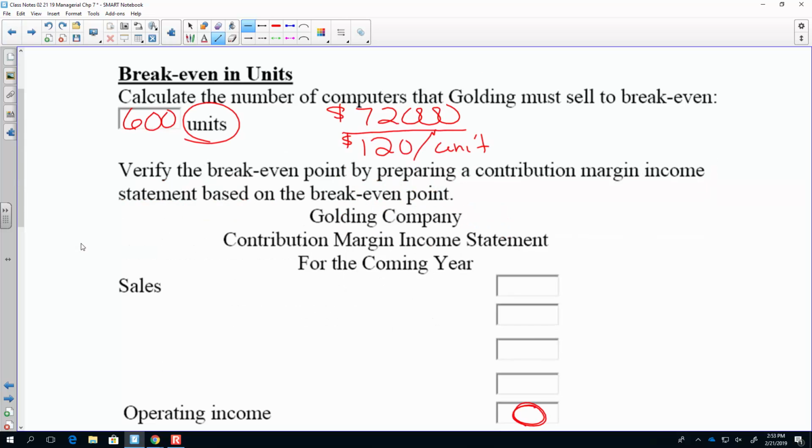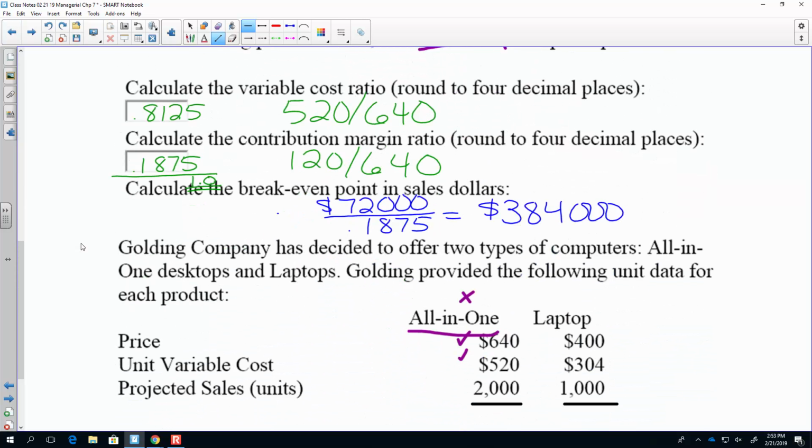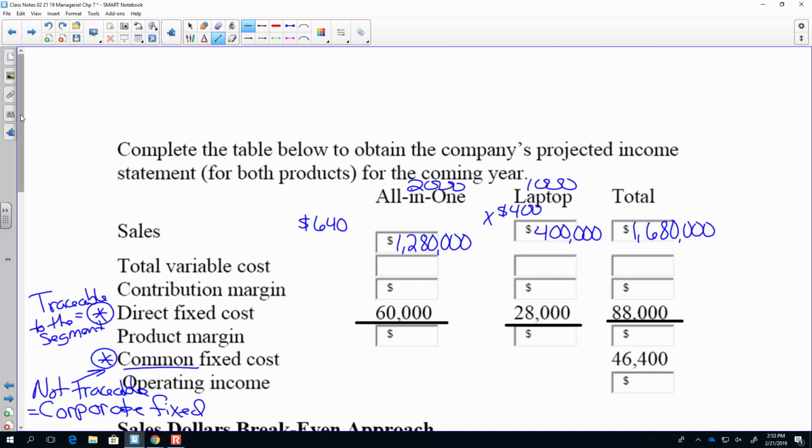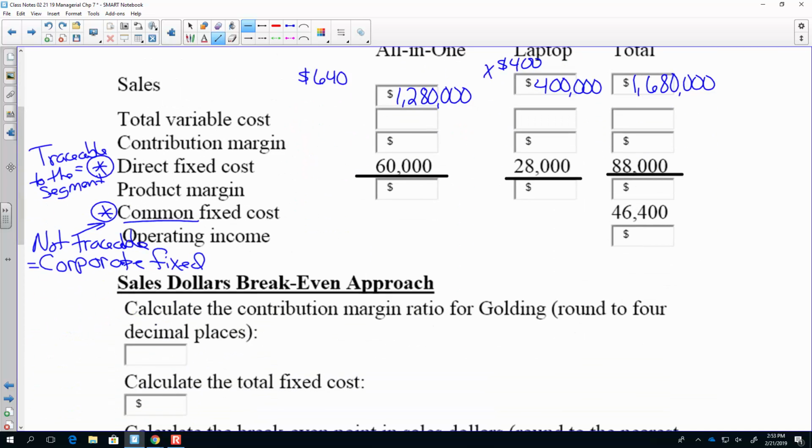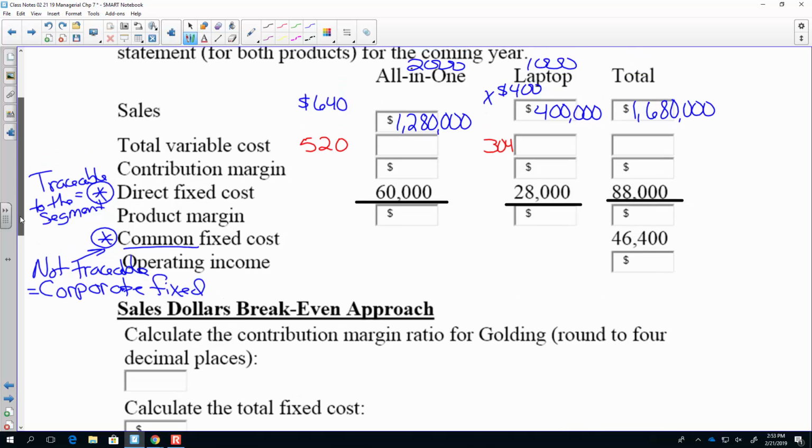The variable costs were 520 and 304. So I'm going to multiply that by the 2 and the 1.